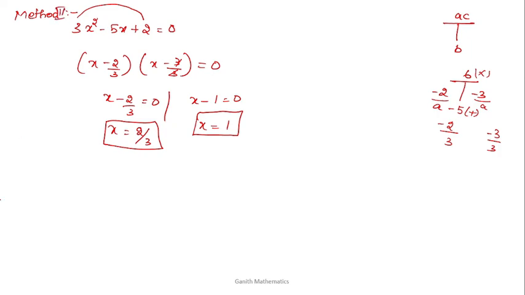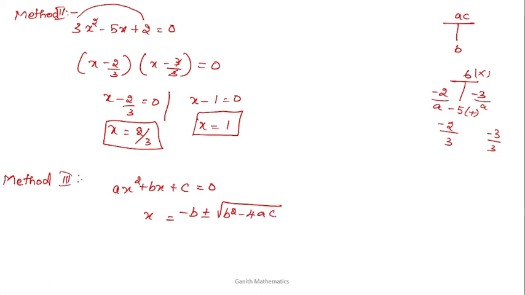Method 3. For method 3 there is a formula. We have the equation ax square plus bx plus c equal to 0. For this equation, the solution is minus b plus or minus square root of b square minus 4ac divided by 2a.